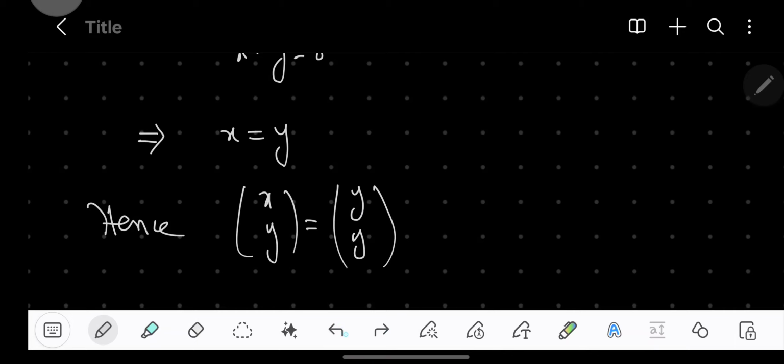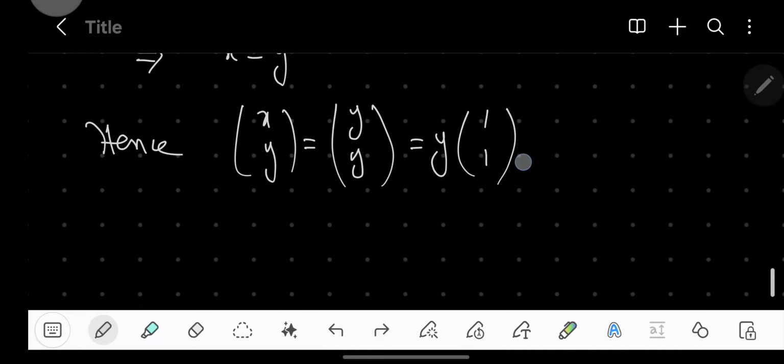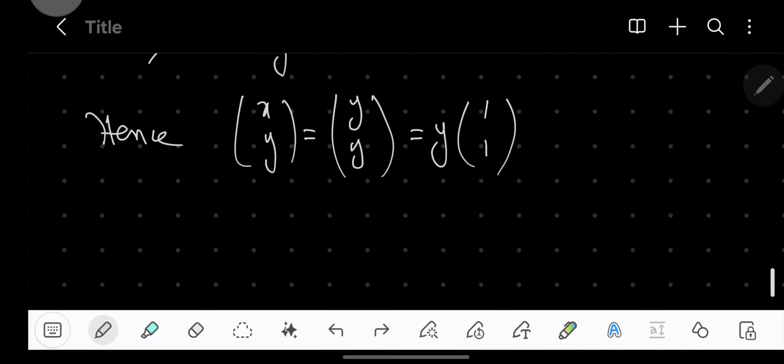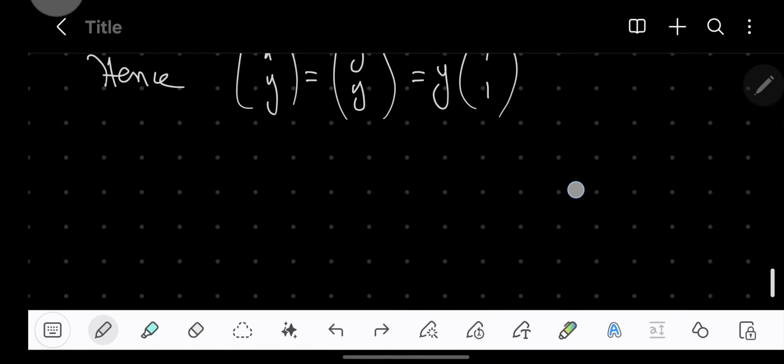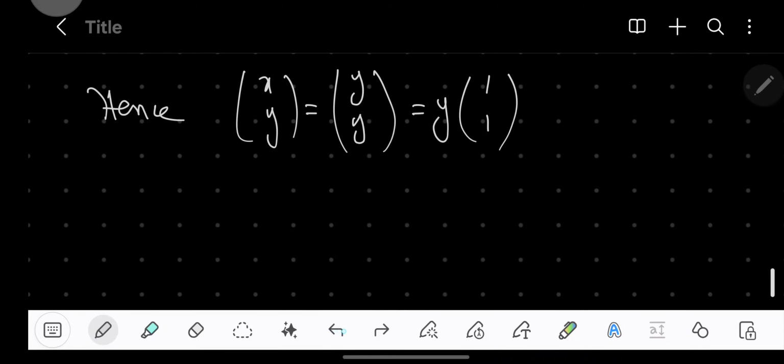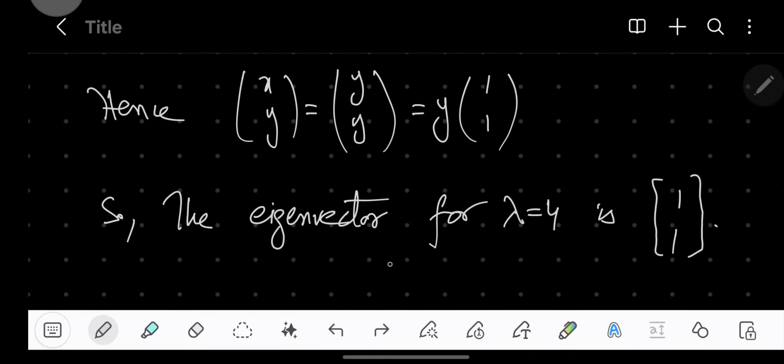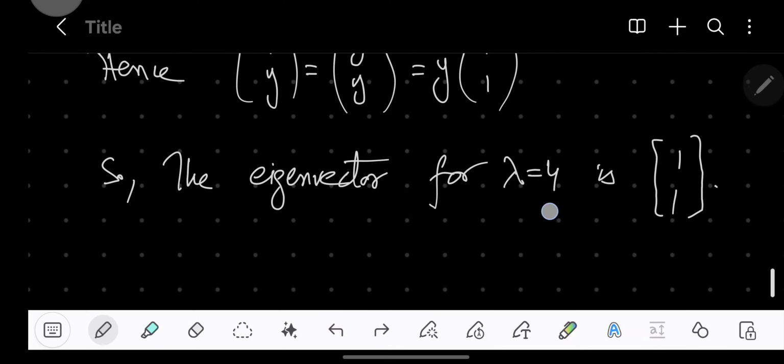If I take y common from both entries of this column vector, inside I will get 1 comma 1. So this 1 comma 1 is the basis for the null space of A minus lambda I. So we will say that the eigenvector for this eigenvalue is 1 comma 1.